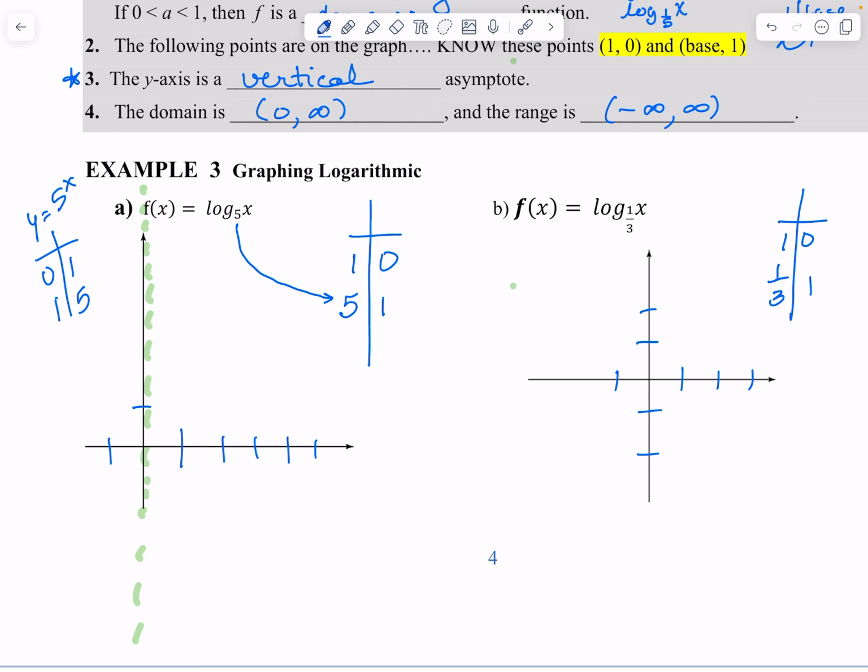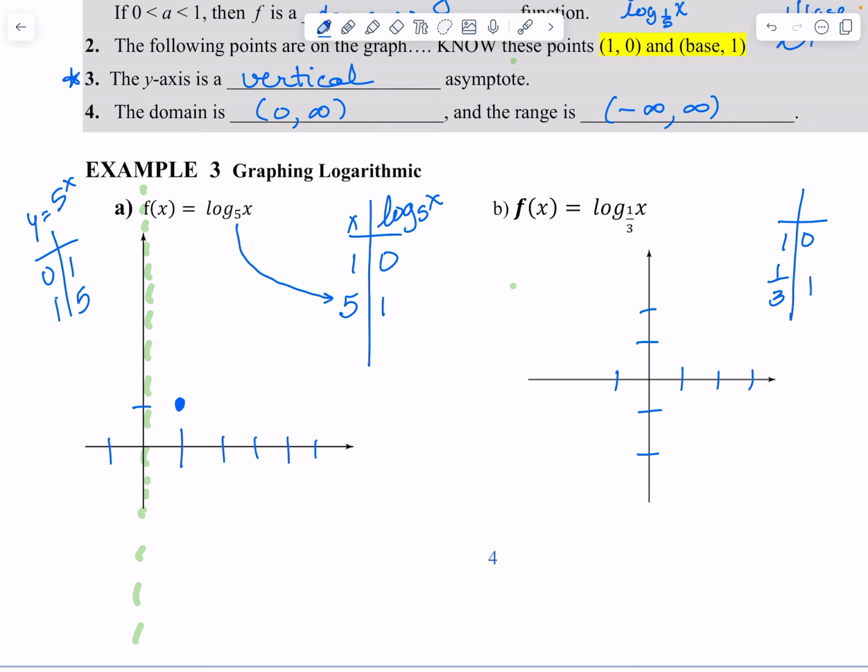So this is my x, and this is log base 5, so the points are (1, 0) and (base, 1). So (1, 0) is going to be this point. That's going to be on all my log graphs, unless I move them. And then (5, 1).